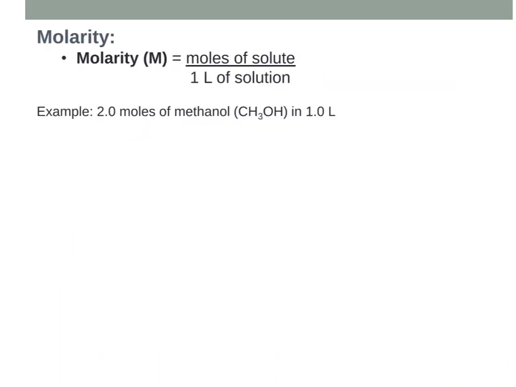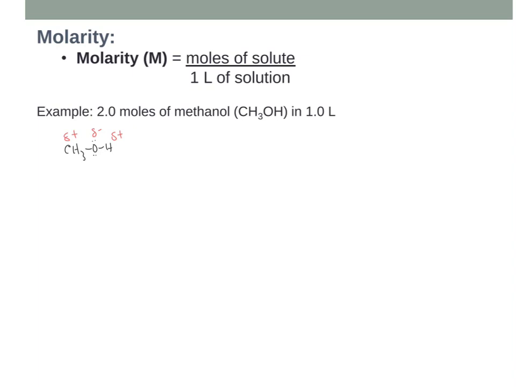Now, just to remind us what we were doing before with molarity, where we just had moles of solute over 1 liter of solution, we had examples of, okay, let's say you have 2 moles of methanol in 1 liter of solution. And the idea is if you take methanol, CH3OH, we said that if you look at methanol, it's got some partial charges, partial negative, partial positive, because of those polar bonds.